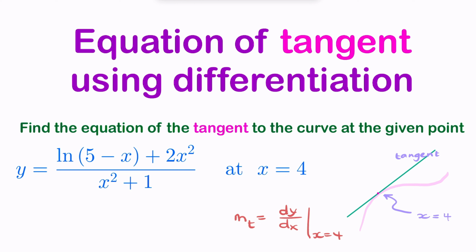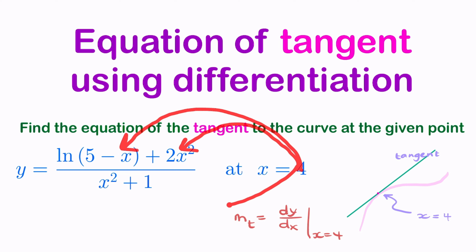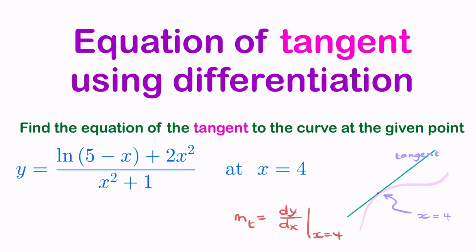We also need to find the value of y1, or the y coordinate for this. So let's do that first. Let's put 4 into our expression for y and find how much y1 is. So y1 is ln 5 minus 4 plus 2 times 4 squared.